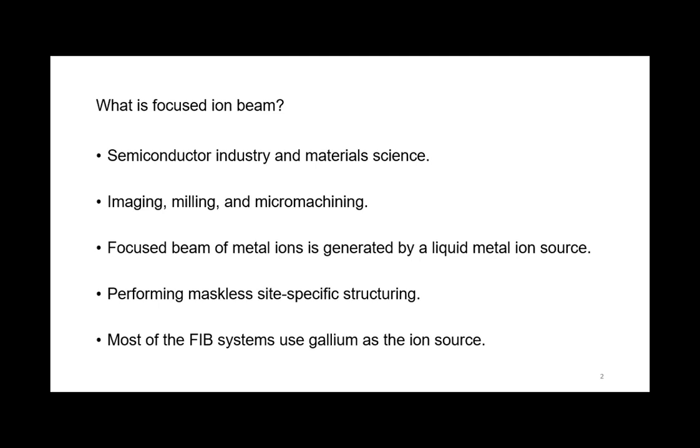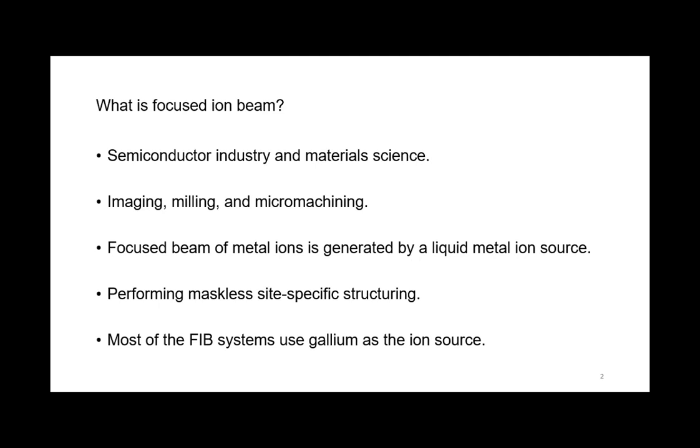So what is focused ion beam and how does it work? In this technique, they use metal ions generated by a liquid metal ion source. They use liquid metal, which can be heated with a tungsten needle and melted.